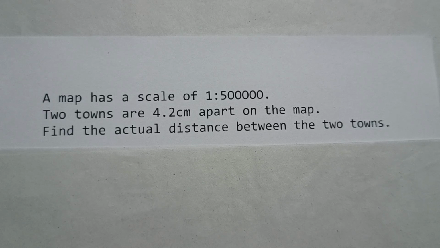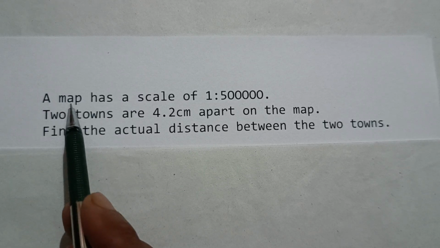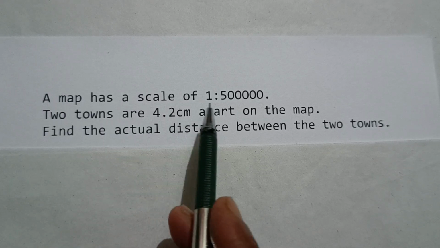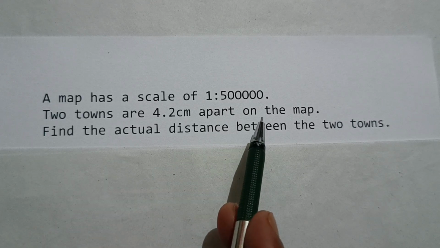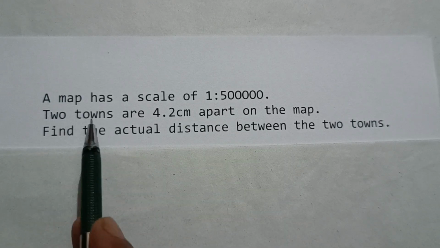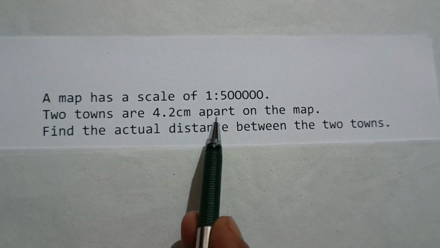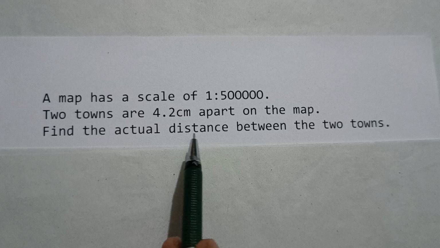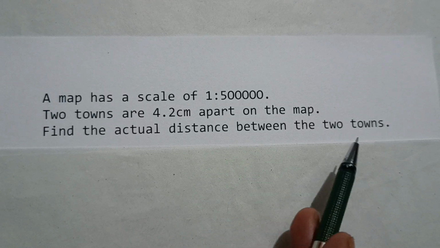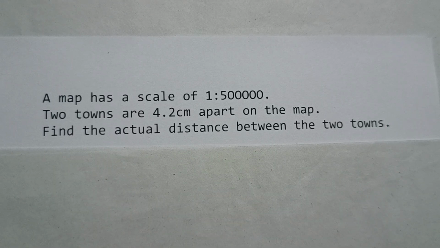So we have been given that there is a map whose scale is 1:5 lakh. Now on that map, there are two towns which are 4.2 centimeter apart. And we have to find what is the actual distance between those two towns.